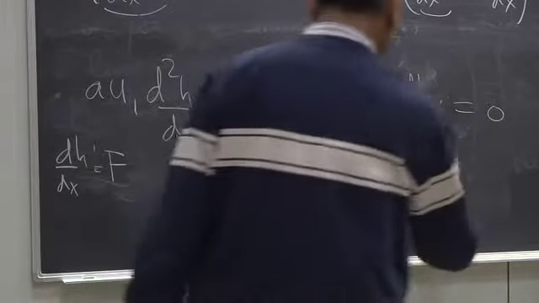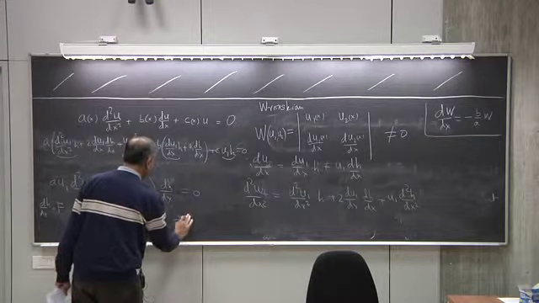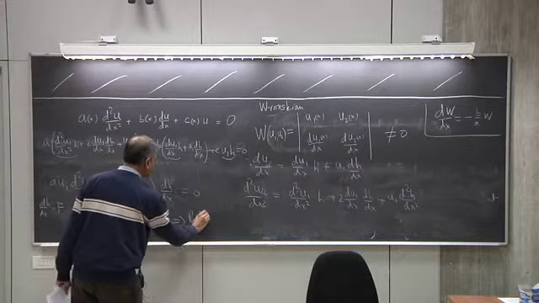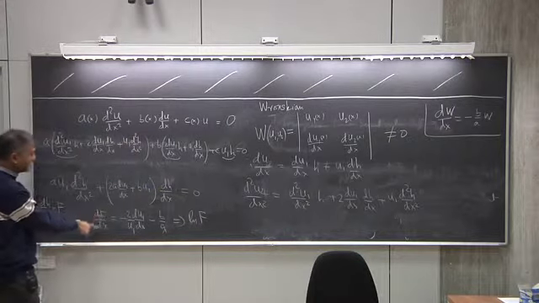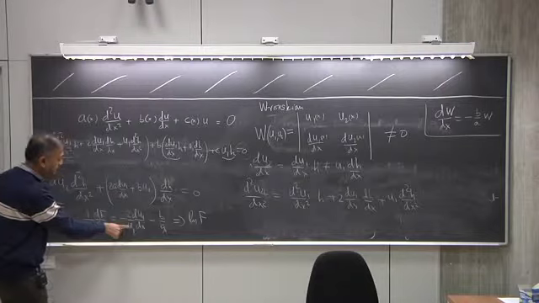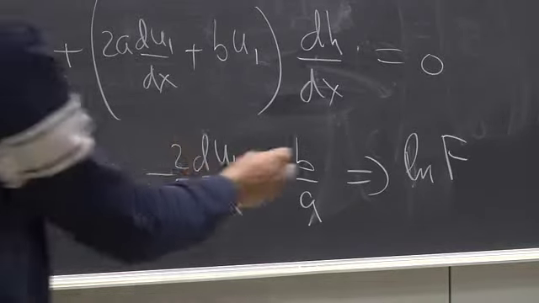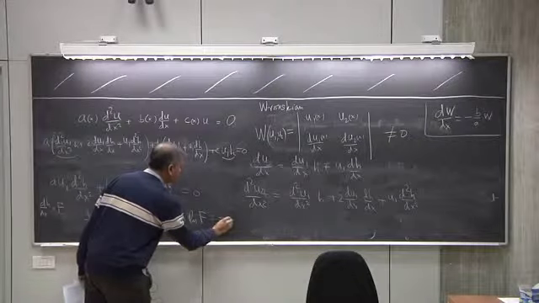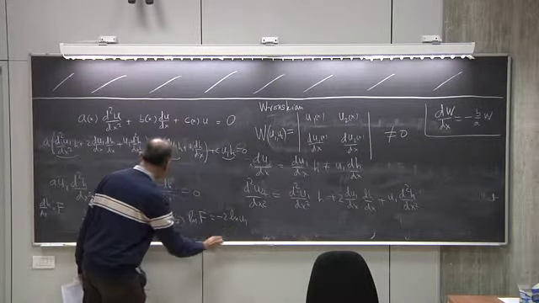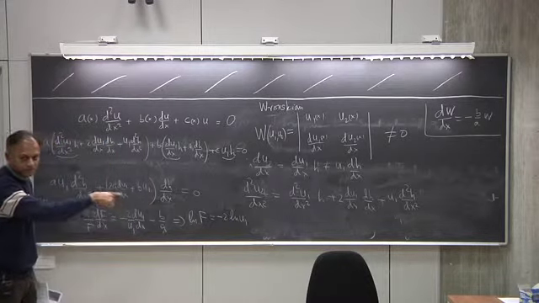So the solution of this is easy. So this gives you that log f, right? This is simply the derivative of log f, right? And this is the derivative of log of 1 over u1 squared, or in other words, this is the same as minus 2 log u1, which is the same as log of 1 over u1 squared.